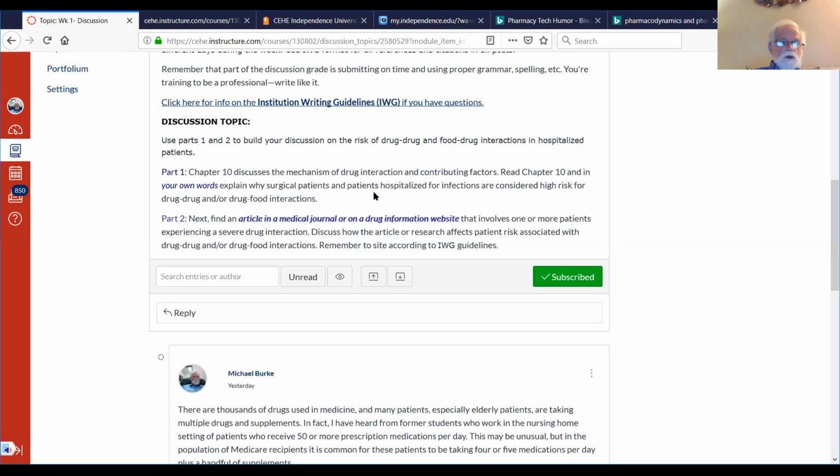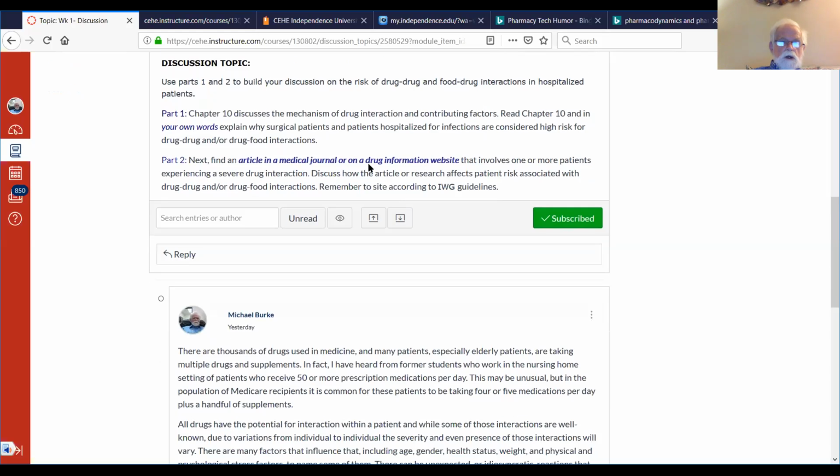Okay, look at the article, research this, and look at how this patient was affected by these drug or drug food interactions, and make sure you cite according to the guidelines we use.